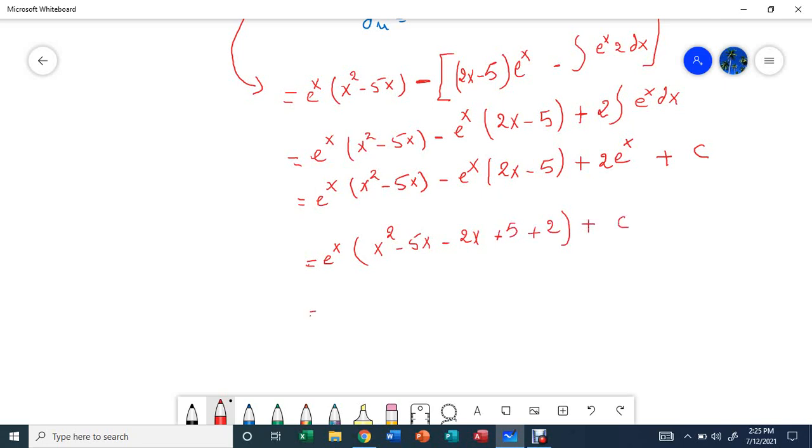So I end up with e to the x times x squared minus 7x plus 7, plus a constant, and that's my final answer to that integral.